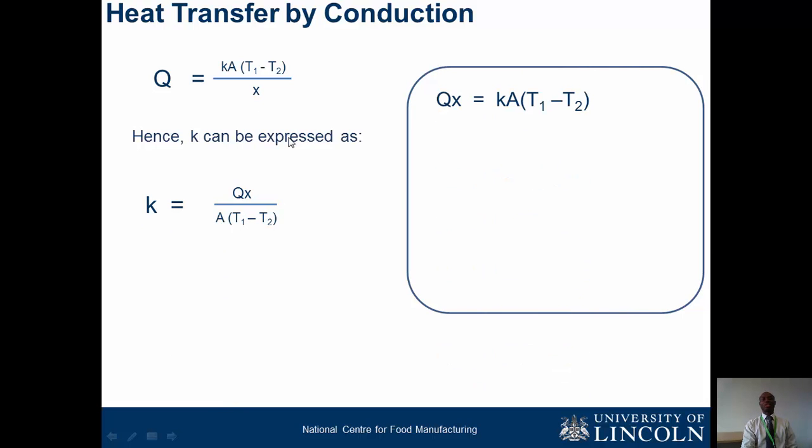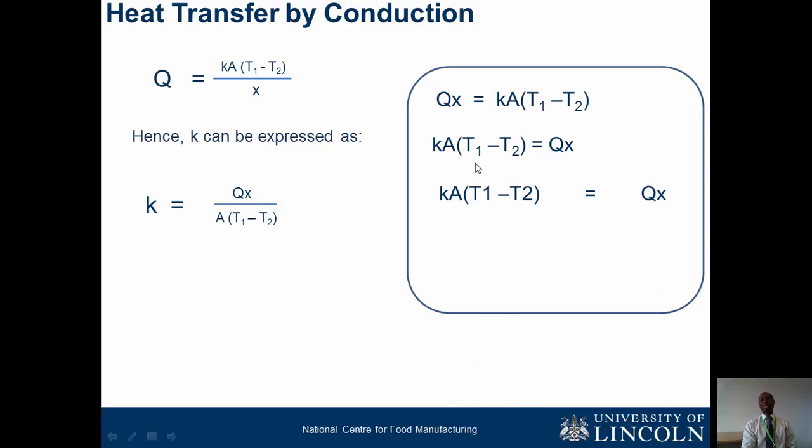Let's look at this. When you cross multiply this, you have Qx equals KA change in temperature. Now we are looking for K, so we always put the known variable on the left hand side of the equation. So we have KA change in temperature equal Qx. Now we can divide through by A (T1 minus T2).